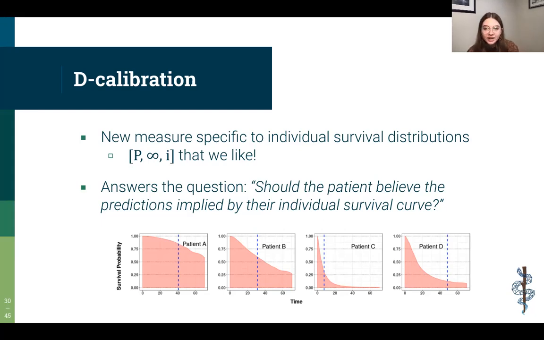So I have here an example of 4 different patients. So we have patient A, B, C, and D. Each of these patients have a particular individualized survival curve. So on the y-axis here, we have survival probabilities. So at day 0, all of their survival probabilities are at exactly 1 here.